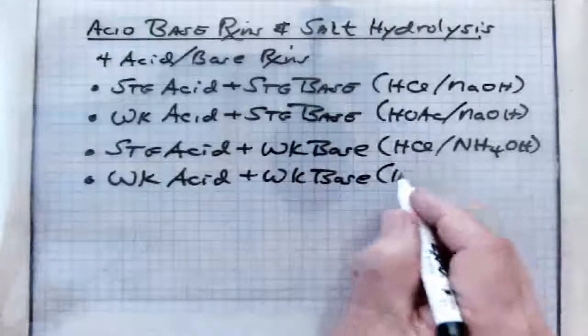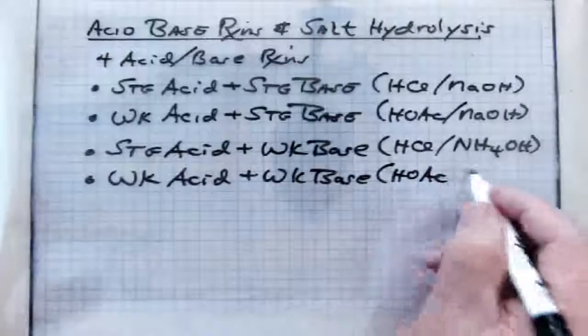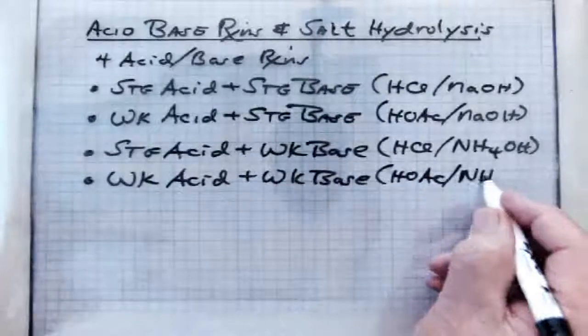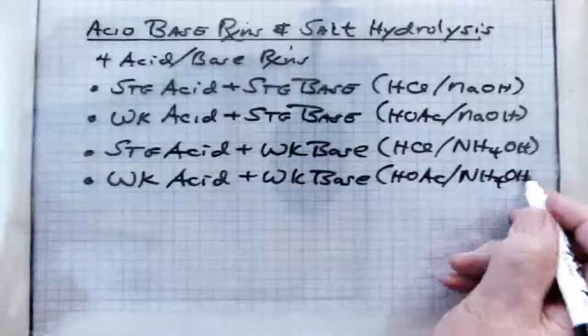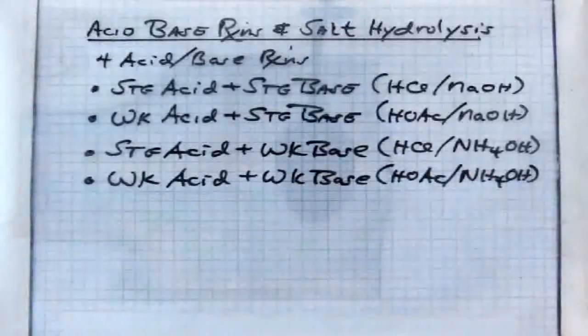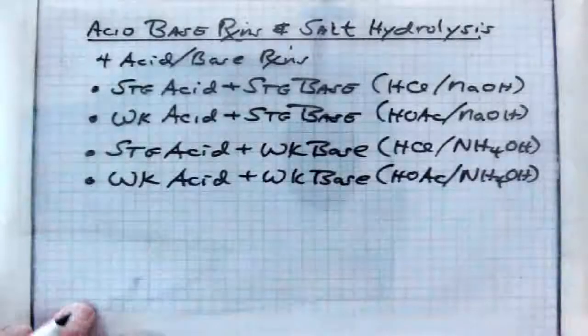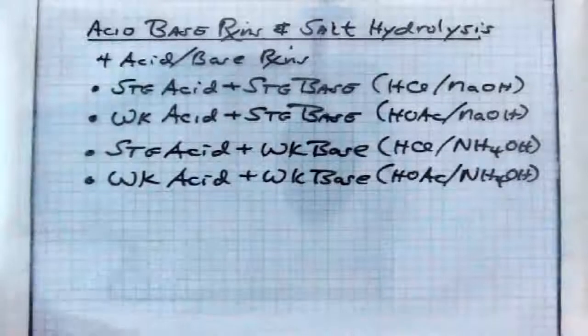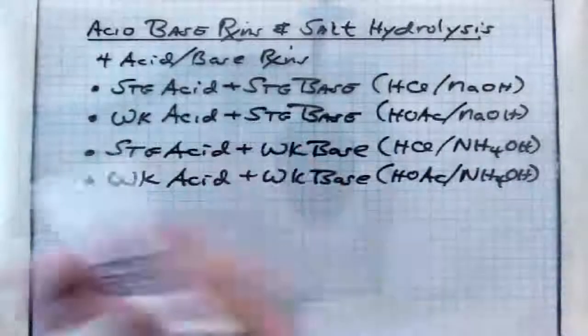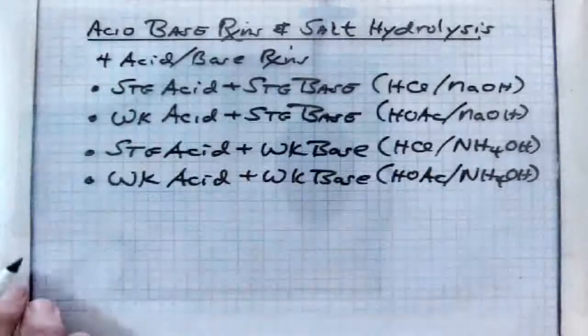In each case, when you titrate an acid into a base or base into an acid, we generate a titration curve that has an equivalence point at the neutralization of the acid and base.